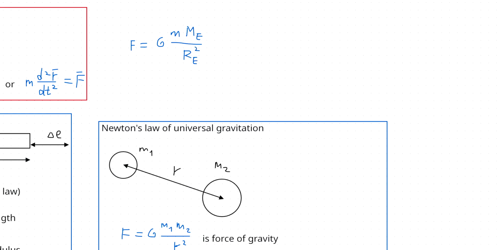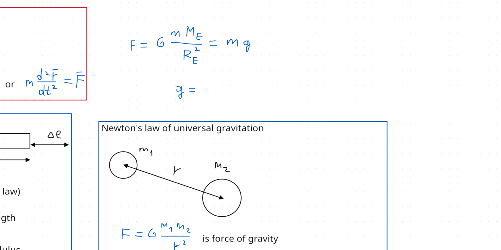And if you find on the internet the mass of Earth and radius of Earth, and calculate and make some simplifications, we will get that it is equal to mg, where g is acceleration of free fall.